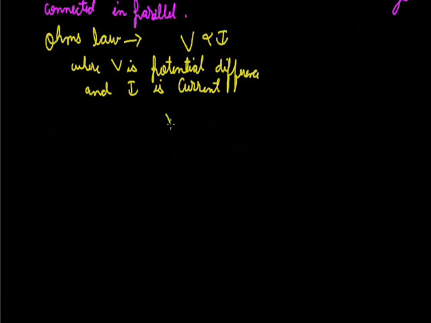We can also write V is equal to IR, where R is a constant, which is termed as resistance.